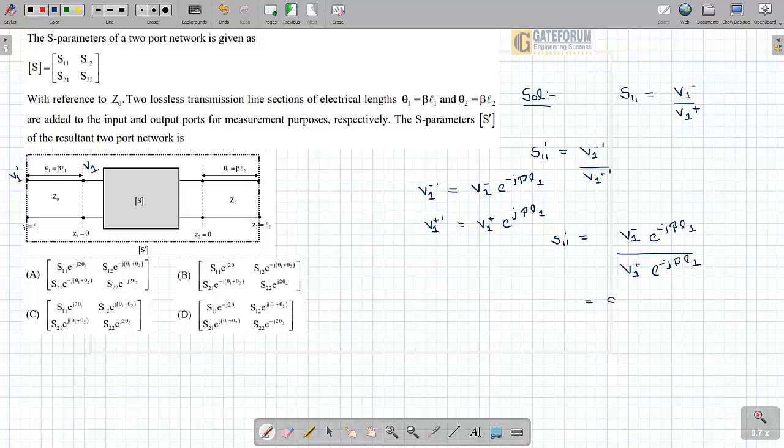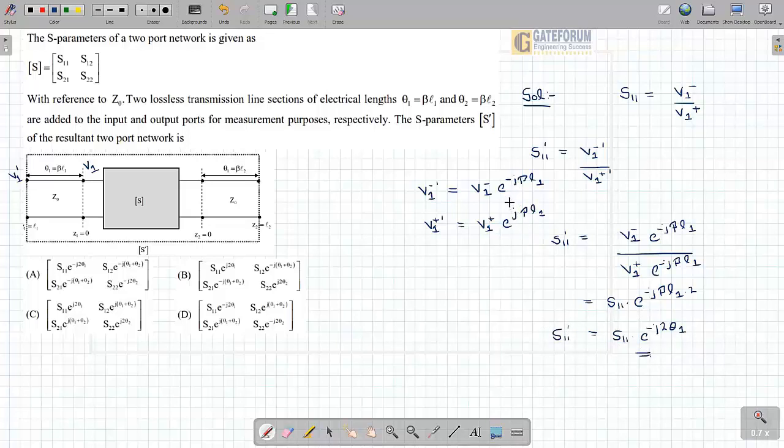That will become S11 e to the power j beta L1 into 2. Beta L1 is theta 1, so that will become S11 e to the power j 2 theta 1. So that will be your S11 dash.